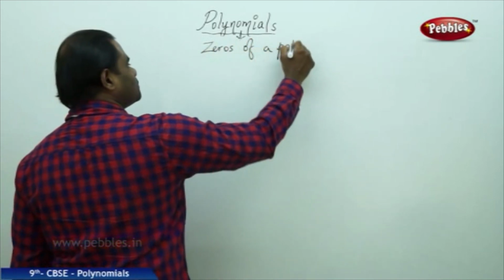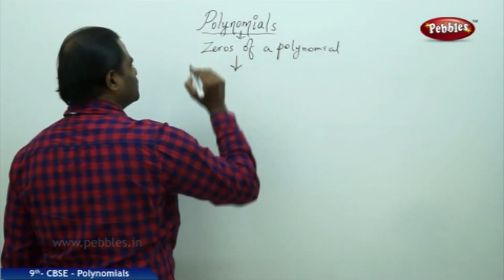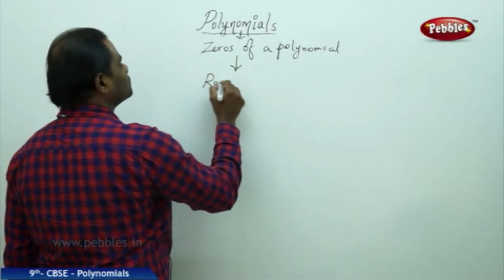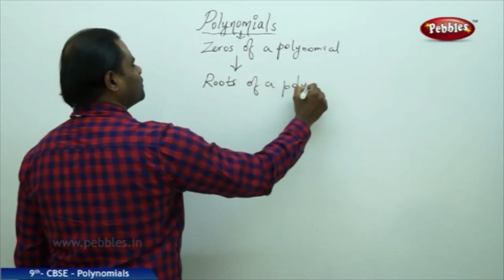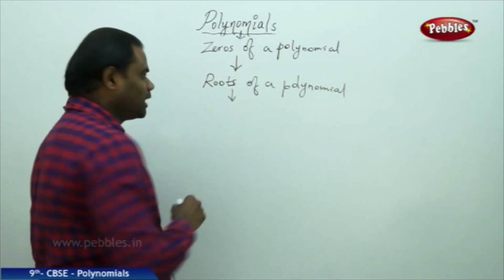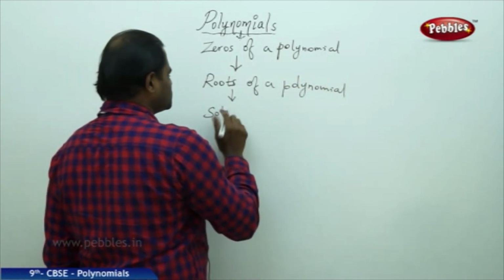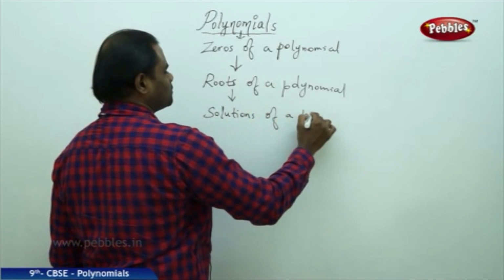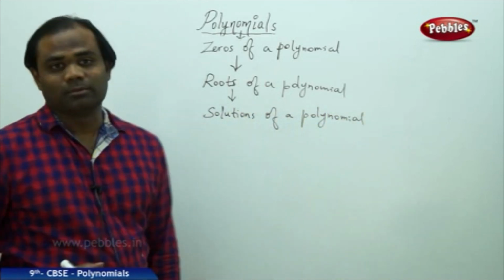Zeros of a polynomial are also understood as roots of a polynomial, and they're also understood as solutions of the polynomial.